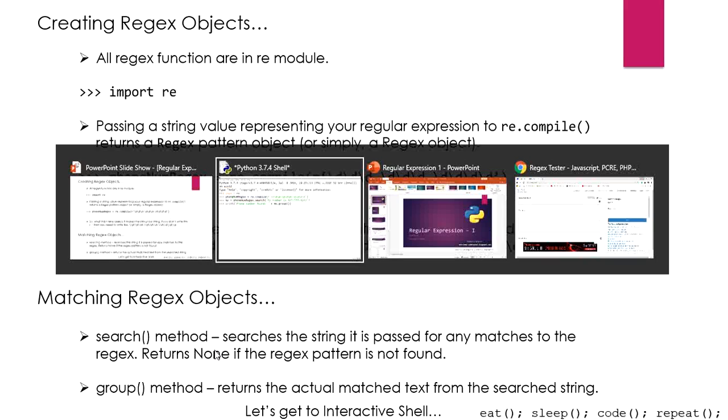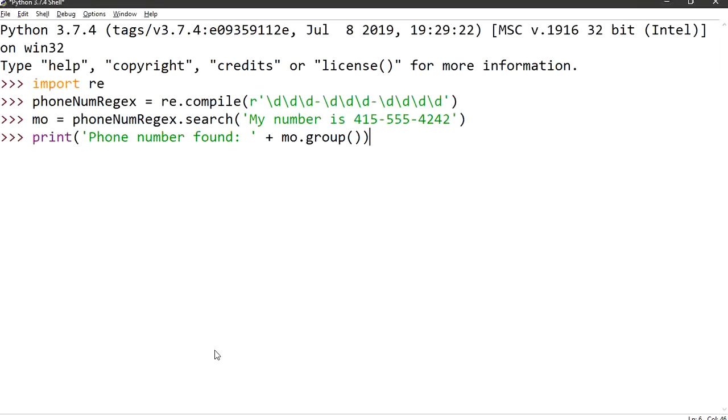Okay, so let's get back. Now let's run this and see what number is found by our search. So the number is found. Is that clear? From that particular string which we have entered, we have got the particular number which we were searching for.